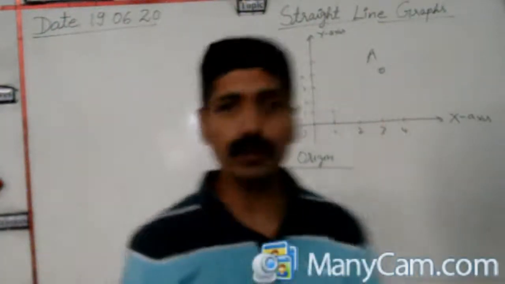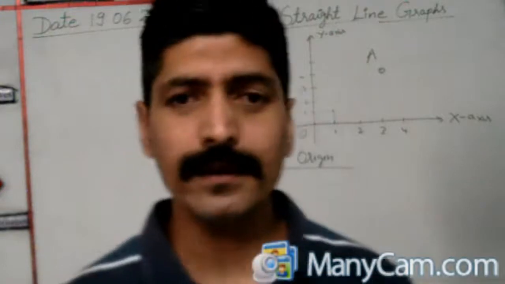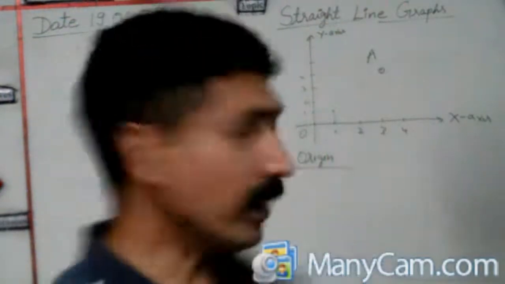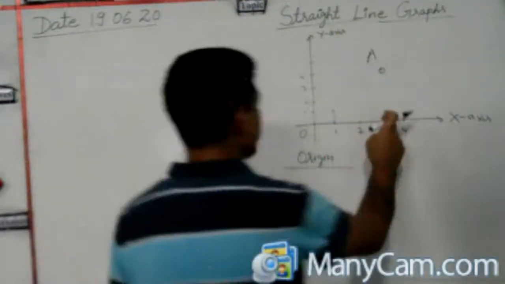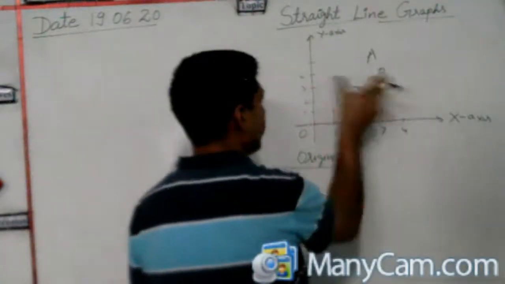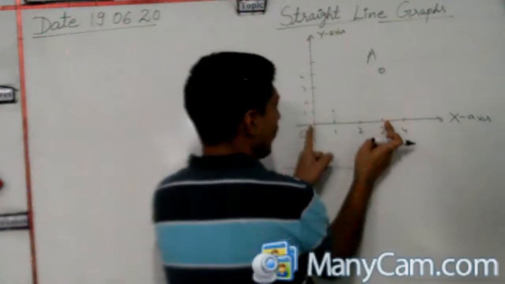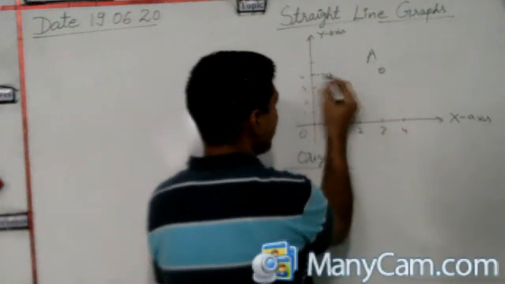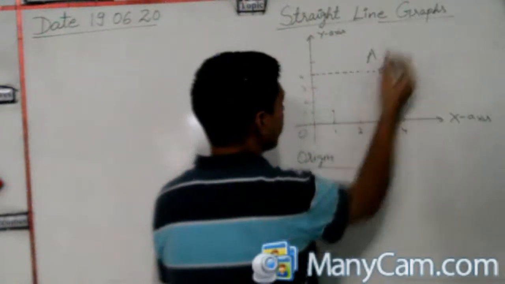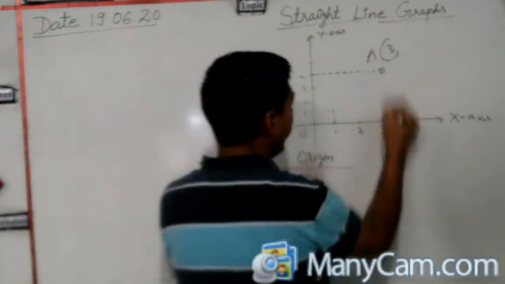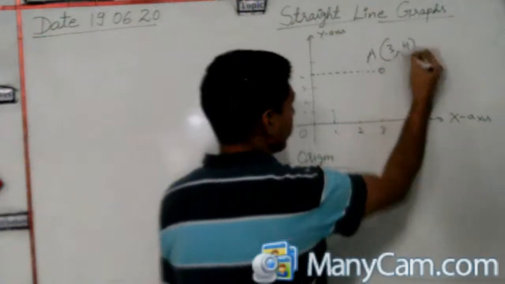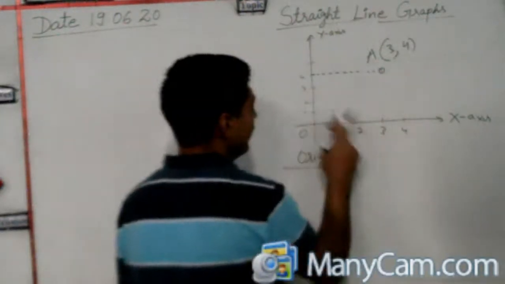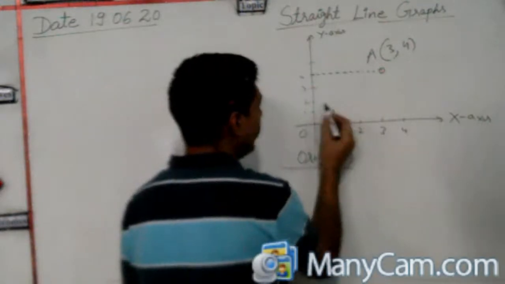So in order to draw a line, we need a minimum of 2 points. If one point here has x coordinate 3, this distance is 3 here, and the y coordinate is 4 here. Another point we take is B, whose coordinates are 1 and 2.